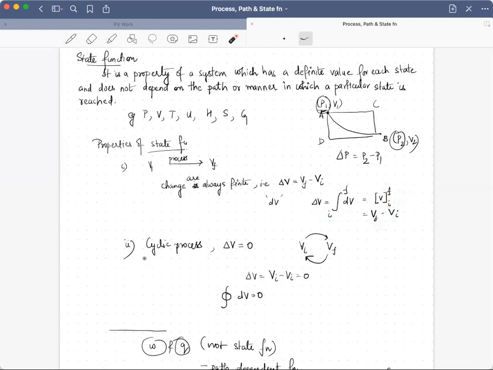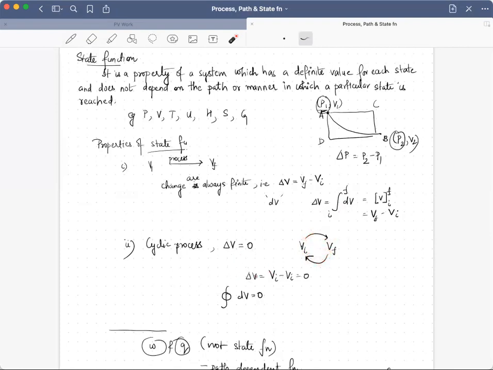Now, another property of the state function is the cyclic process. What is a cyclic process? We have just now defined it. That means a system will undergo a change, suppose a volume change from initial volume to a final volume, and then it reverts back to its initial state.